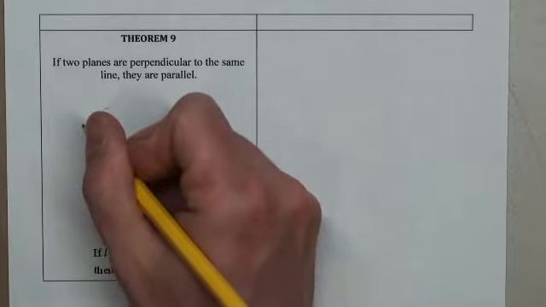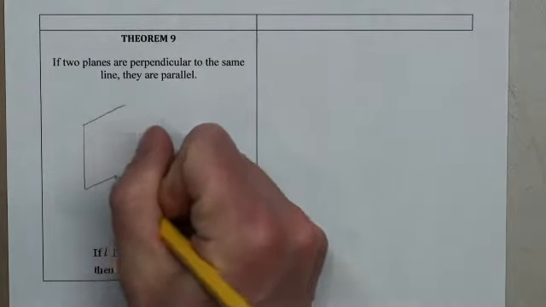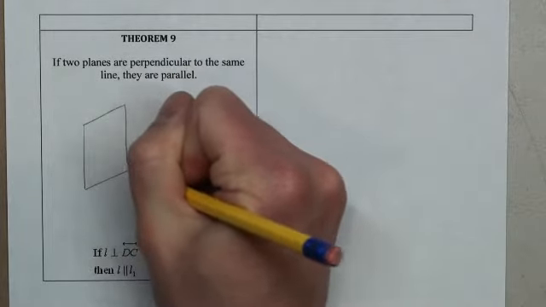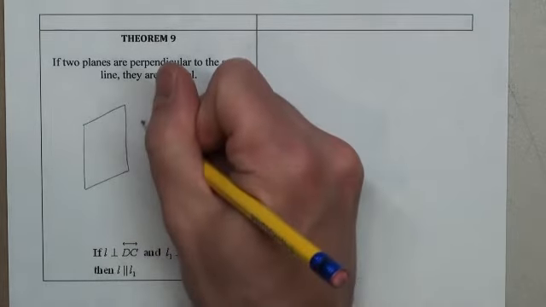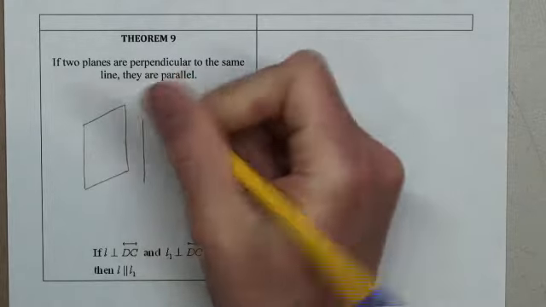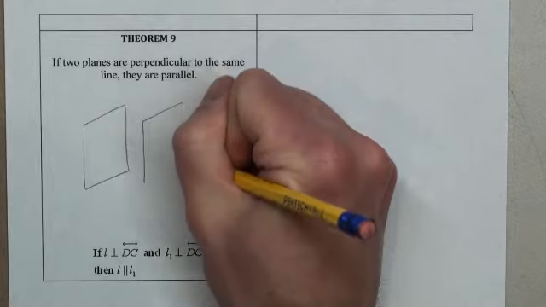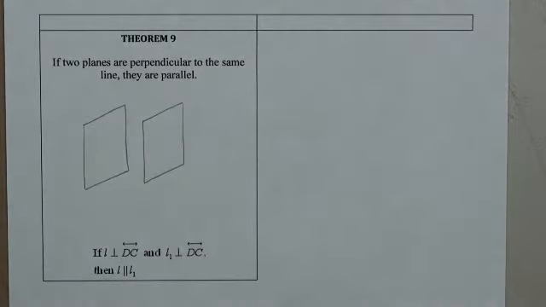Let's say we have one plane like that, and we have another plane right next to it like that. So we have two planes next to each other.